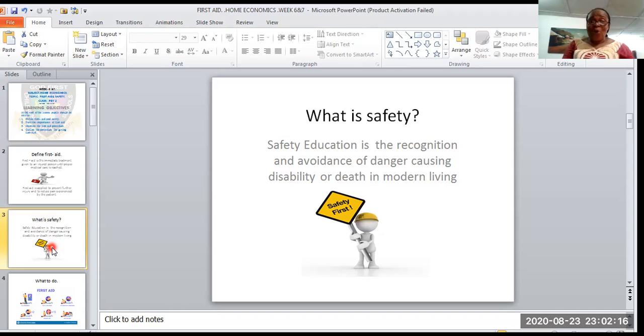Because dangerous objects can cause disability. It can cause injury that may take a person to the hospital. And sometimes it can cause death.